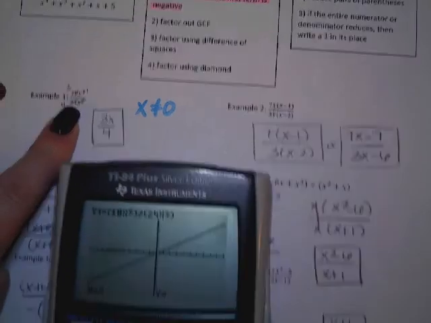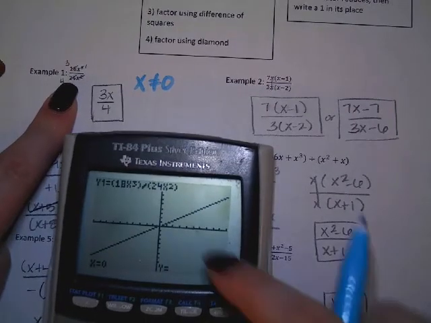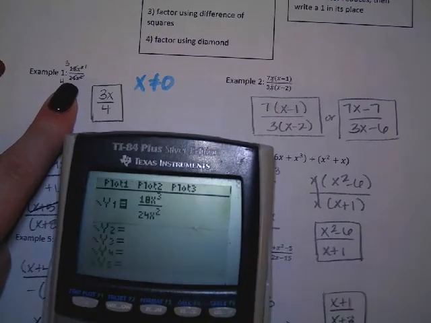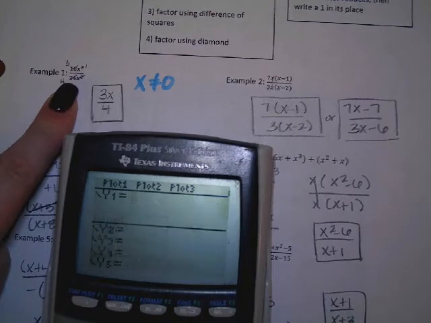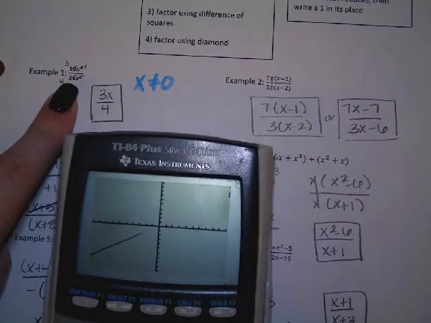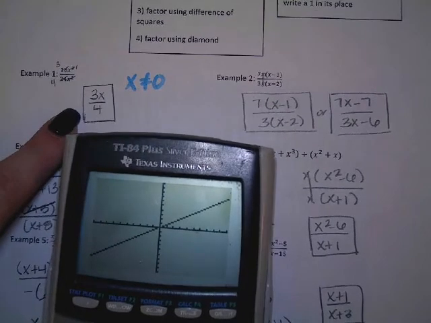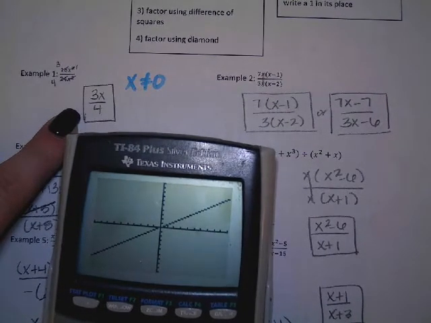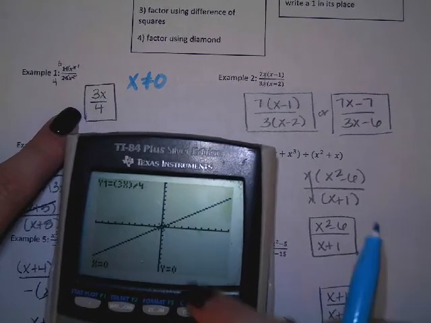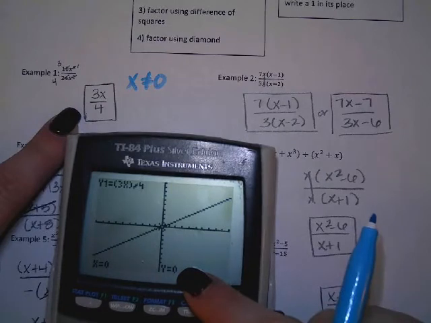Now, what I want you to notice, so keep that mental image in your brain. Everyone got that in their brains? Okay? If I delete that, and I do 3x divided by 4, what do you notice about 3x divided by 4? It looks exactly the same. You guys notice that? It looks exactly the same. But if I hit second trace and I plug in 0, I get an answer this time.